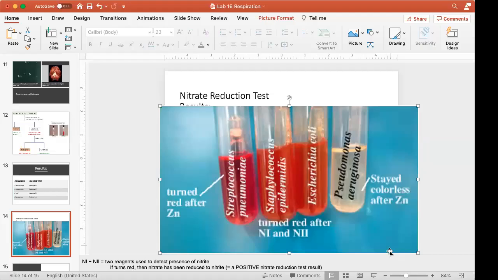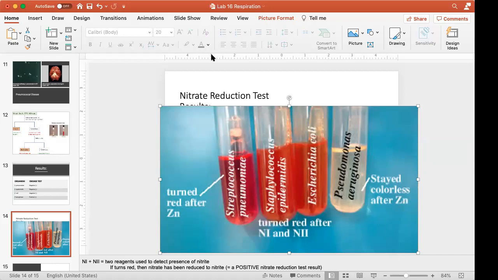All right, here's our last tube. Pseudomonas. I pulled the tube out. I put A and B in. Nothing happened. So I added some zinc, and it stayed colorless. It stayed the same color. What does this mean? I added A and B. Nothing happened.